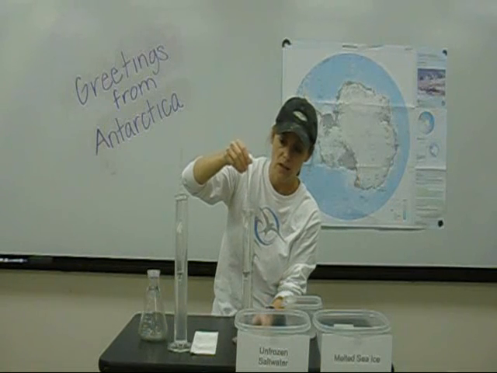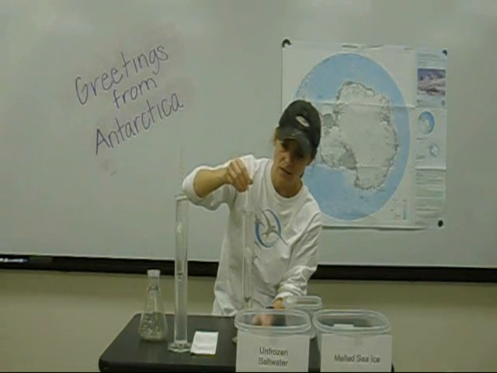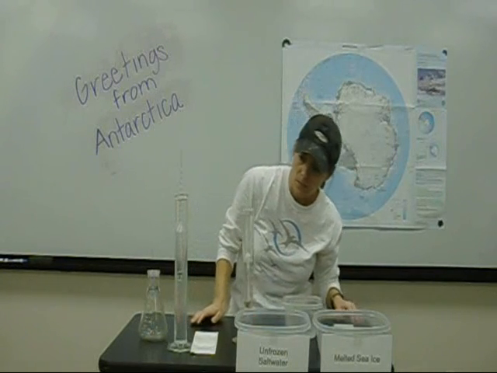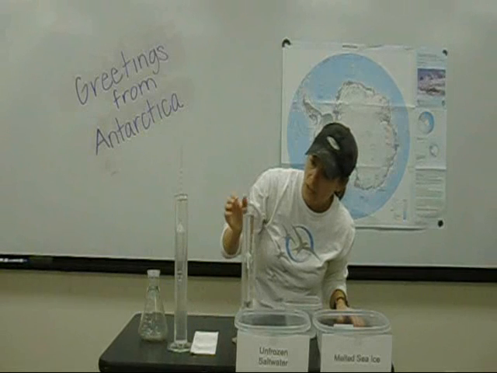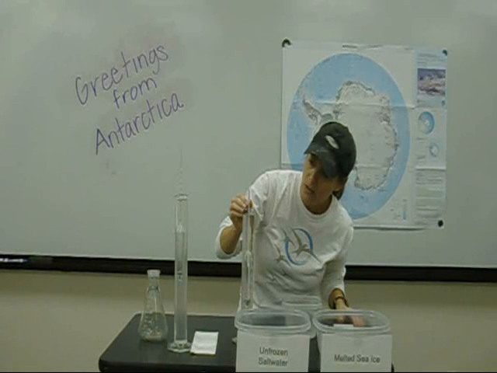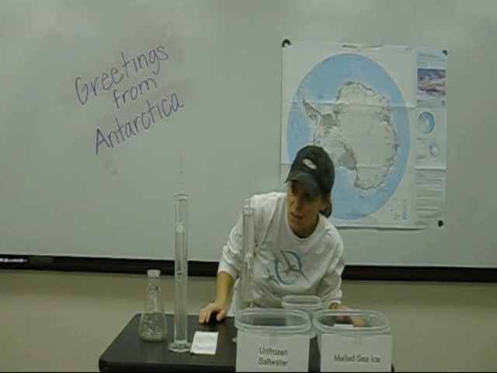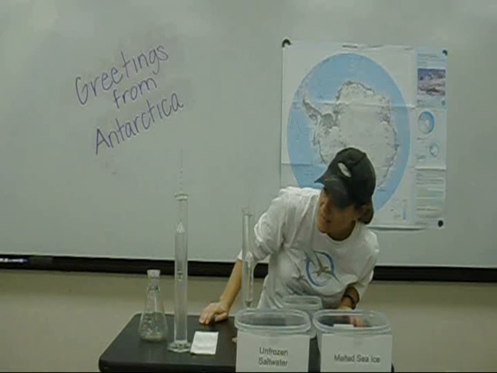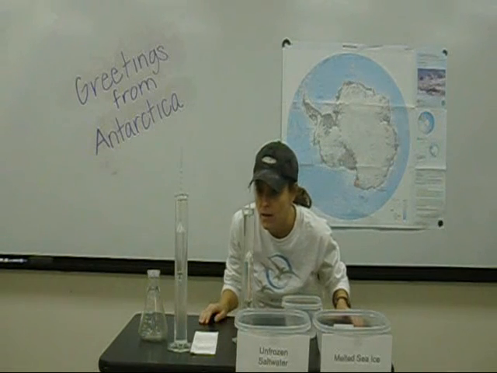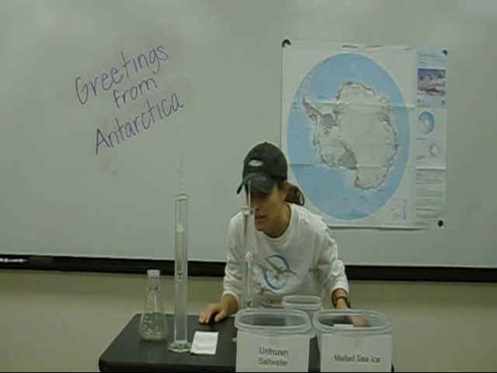Let's see what the density of the melted sea ice is. It's kind of bobbling up and down here a minute. Let me just steady it. And it is facing me. It is 1.018.